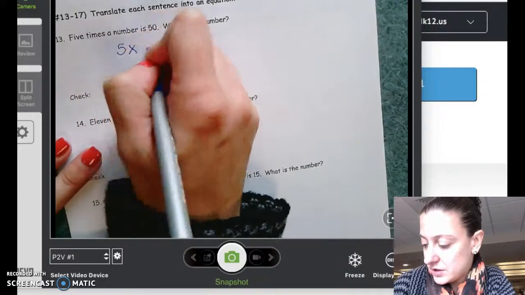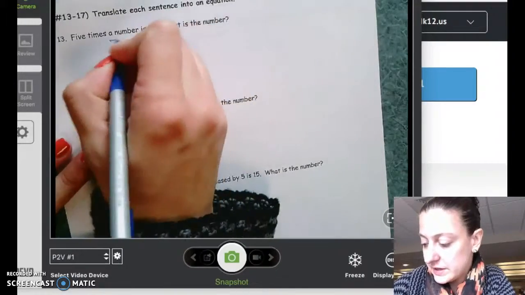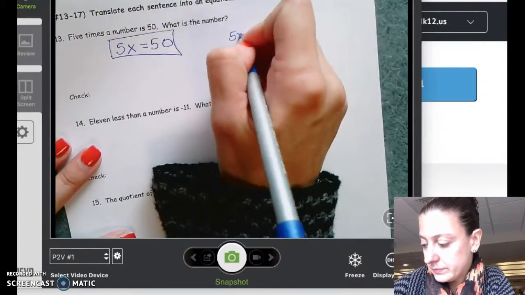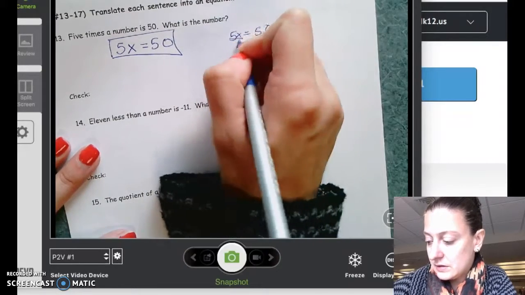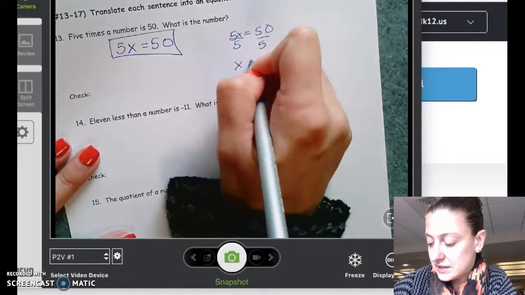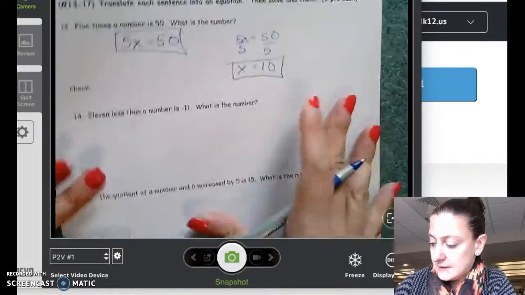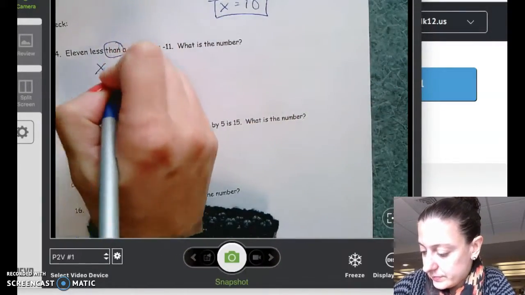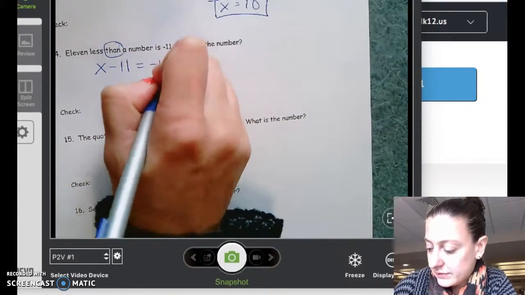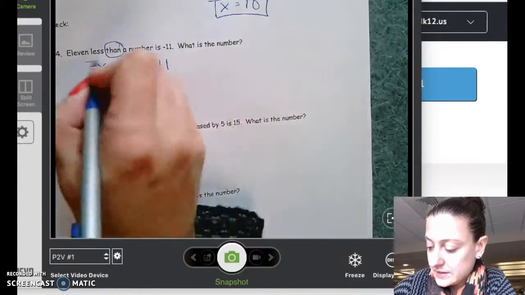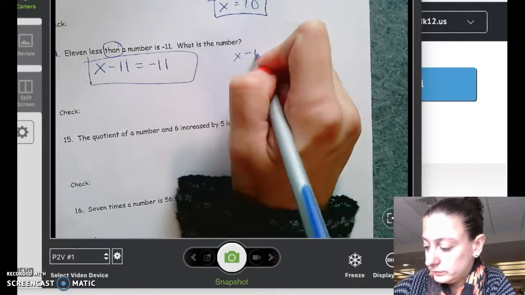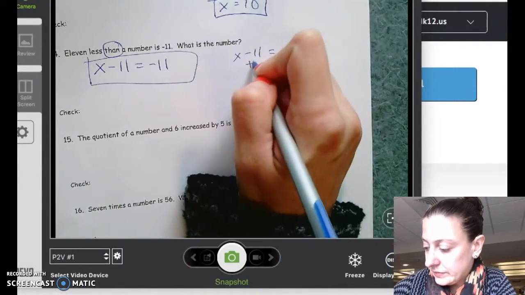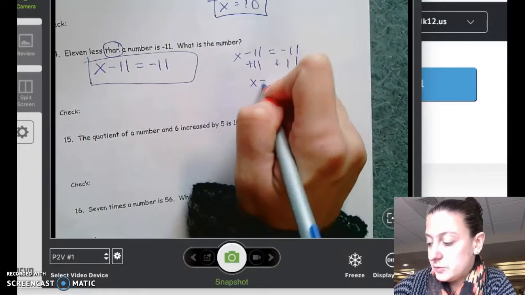5 times a number is 50. That's part 1 of my answer. My other answer is x equals 10. 11 less than a number is negative 11. That's part 1. X equals 0.